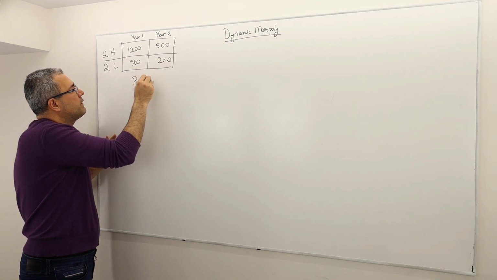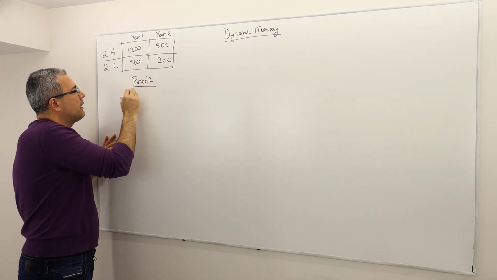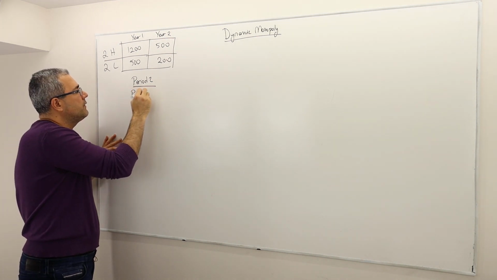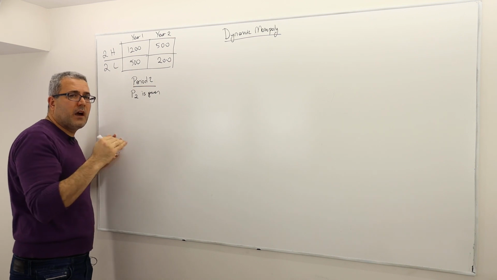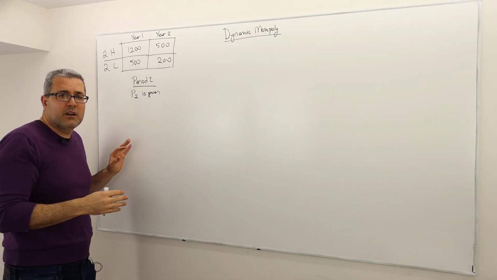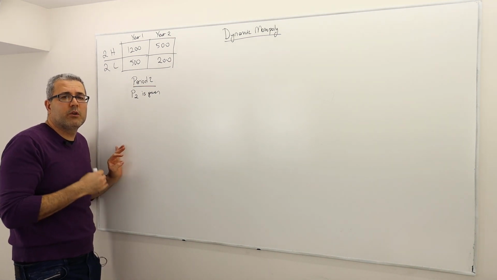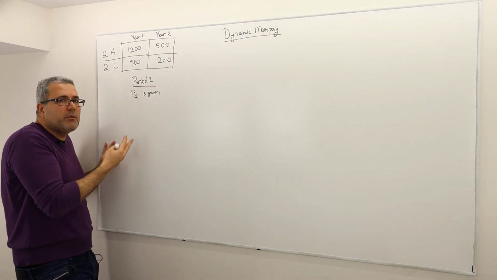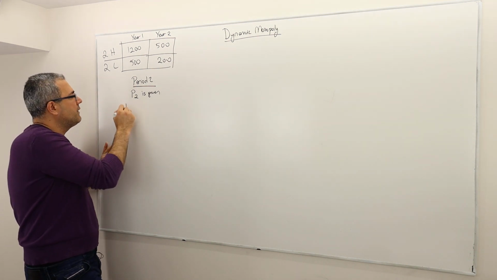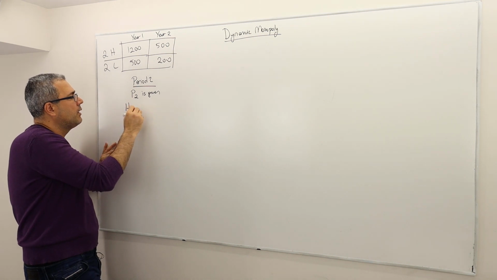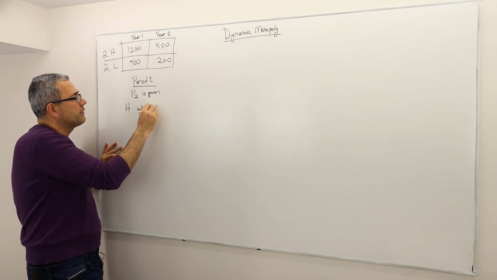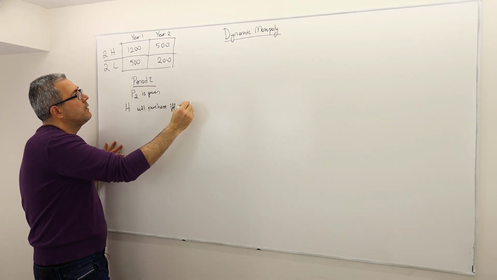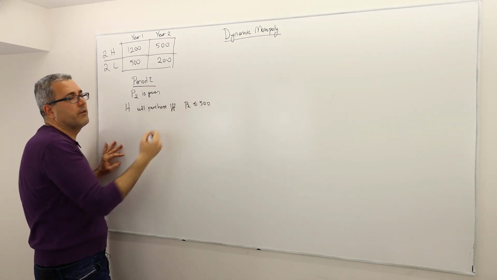So in period 2, let's suppose that P2 is the given price. Remember, the final players are the consumers. So how are they going to react to that P2? What I know is that the high type will purchase if and only if P2 is less than or equal to 500.